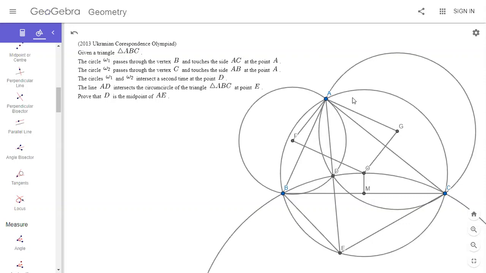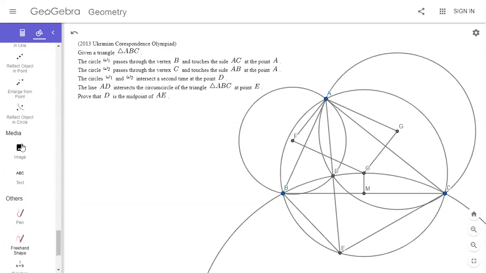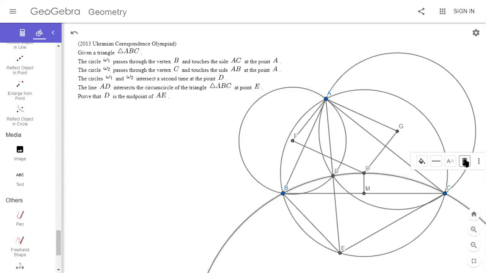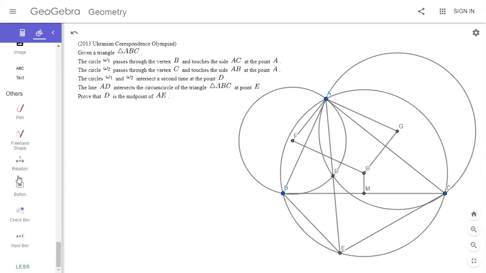And that is just an angle chase because, well, okay, so first I'll do it this way. I didn't show BDOC as cyclic yet, but I will. So first I'm going to show BDOC as cyclic.